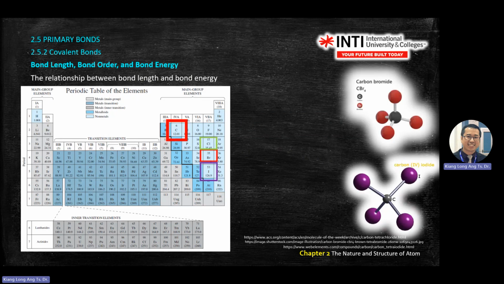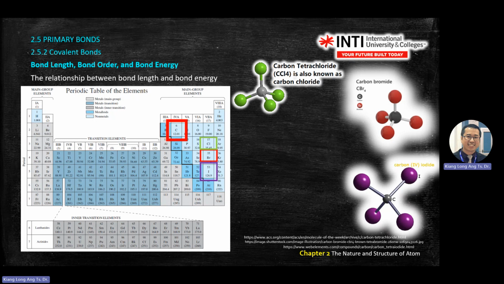So this one also you read. It just tells you the molecular arrangement. If you take carbon combined with these three members here, Cl, Br, and I, and you know the SPDF already.